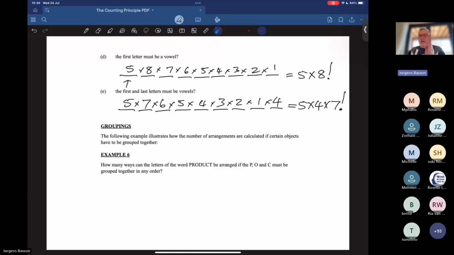Then you count it as 1, because it's a group, and this group is together. Now I bring in the remaining letters, which is 4. And as you can now count, I have 5 to arrange. So that is 5 factorial. So your answer for this question will be 3 factorial for the group, multiplied by 5 factorial.